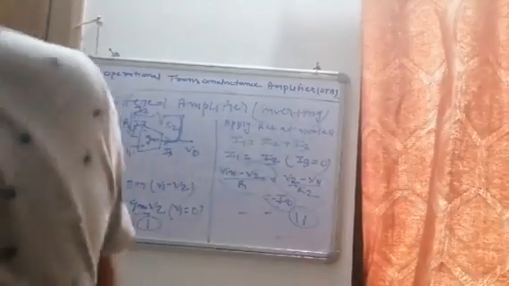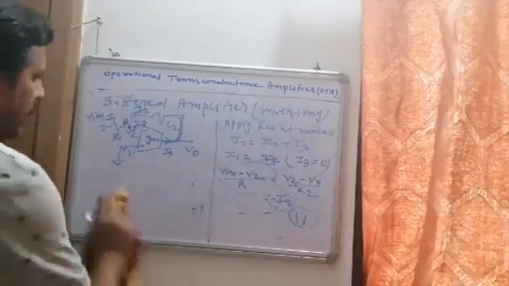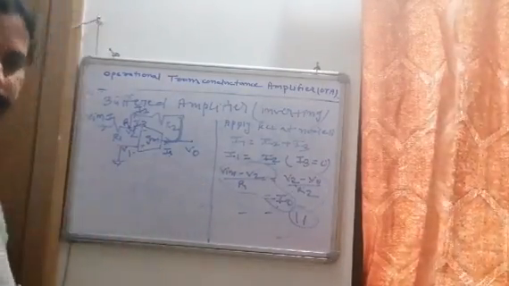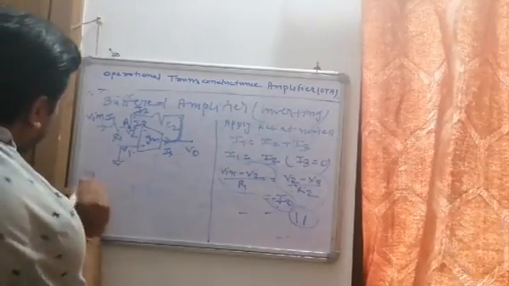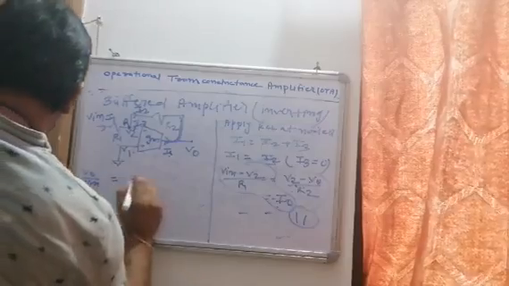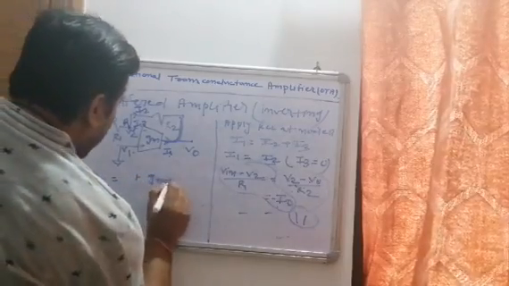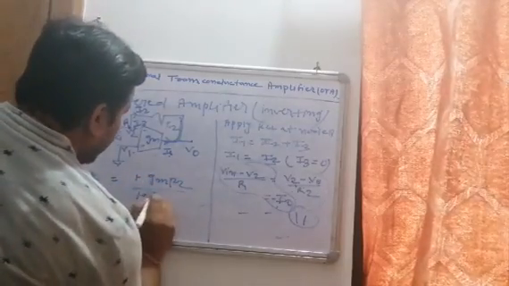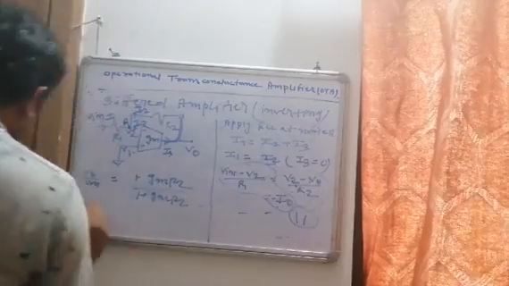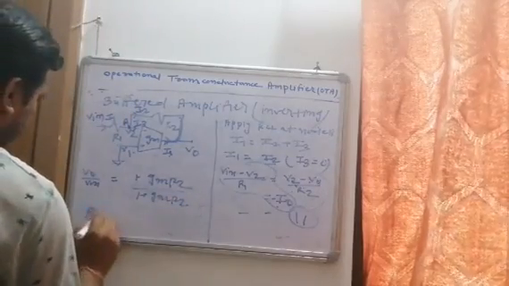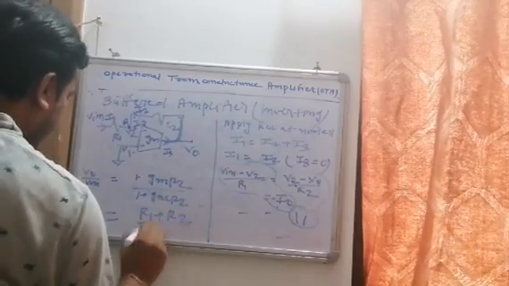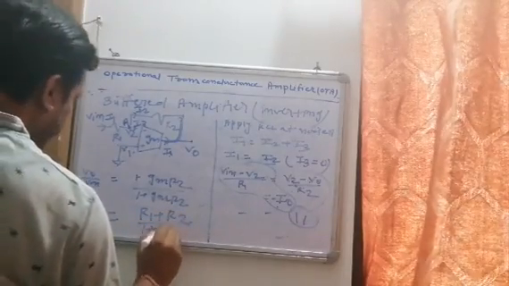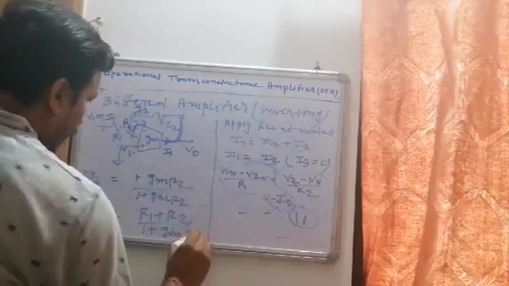So the value of voltage gain V naught by V in is equal to (1 minus Gm R2) divided by (1 plus Gm R2), and the value of output impedance R naught is equal to (R1 plus R2) divided by (1 plus Gm R1).